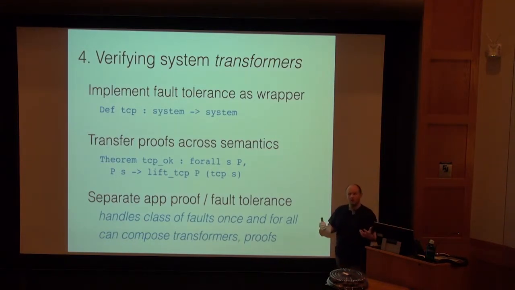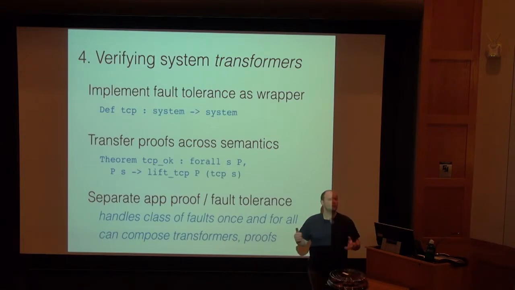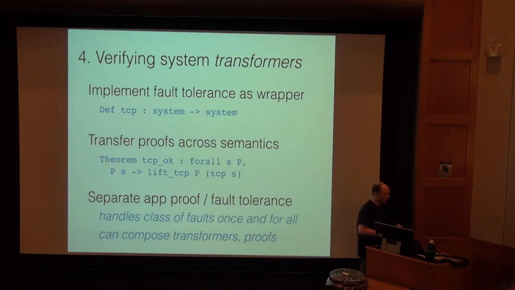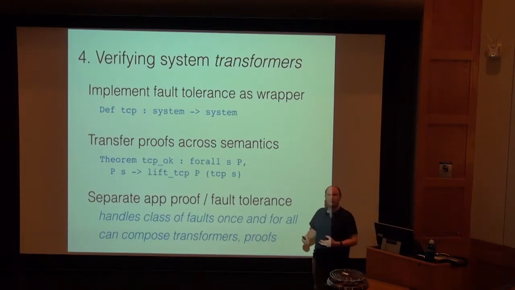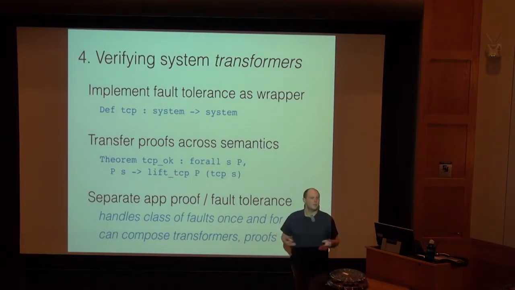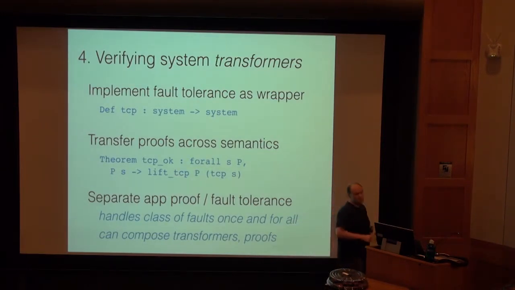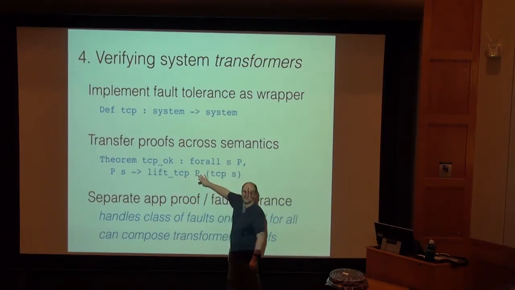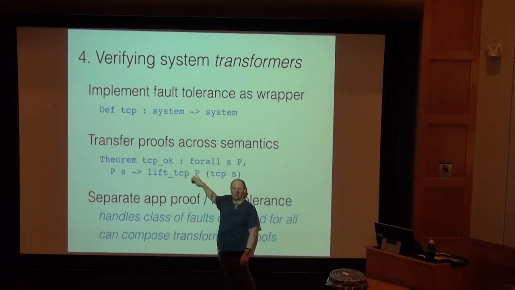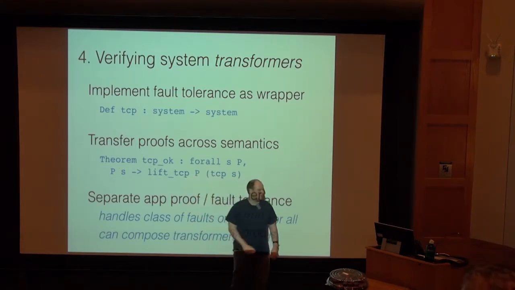In the ideal semantics, messages are always delivered, and they're delivered in order, right? So it's fair, I know that the system is live, right? Like if I send a message, it'll get delivered. In the more adversarial semantics, where you have drops, I don't have that guarantee. The network could just drop packets forever, and nothing would ever happen. So we're going to have this wiggle room, right? We're going to have to lift the property from the friendly semantics into an analog of the property in the network semantics. So we'll see a little bit of that.